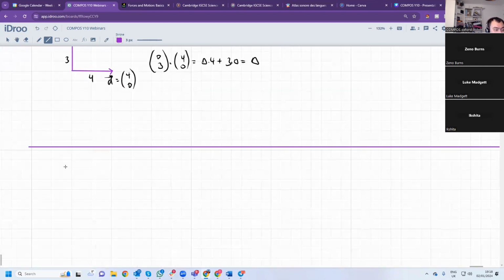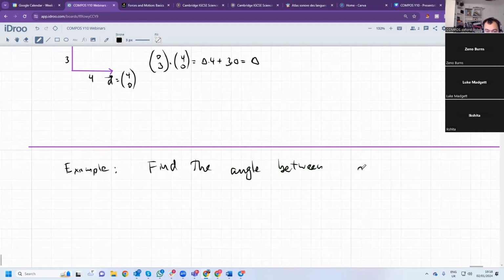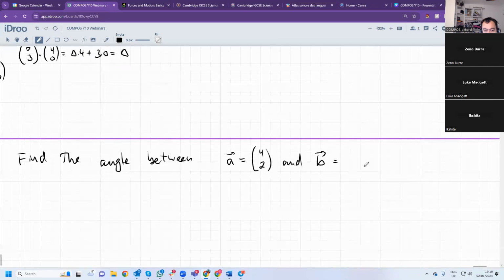So, example. Find the angle between A, which is (4, 2), and B, which is (3, -1).